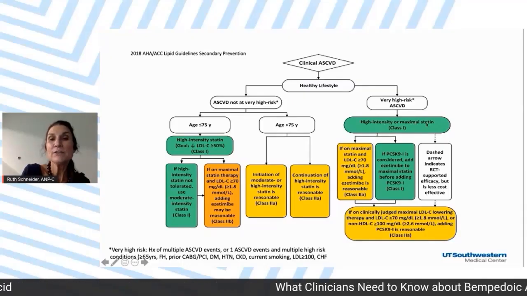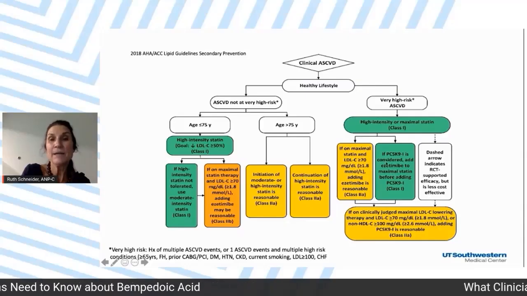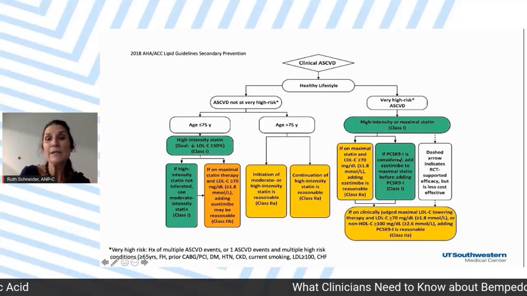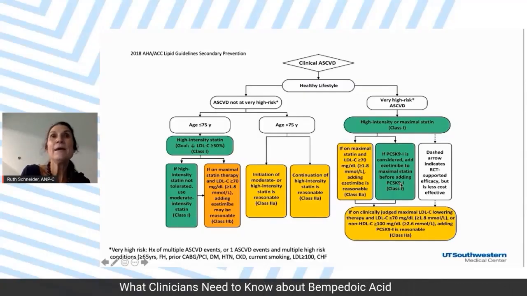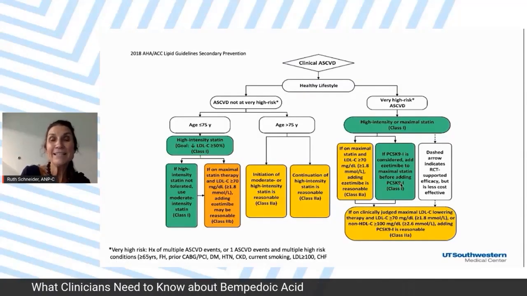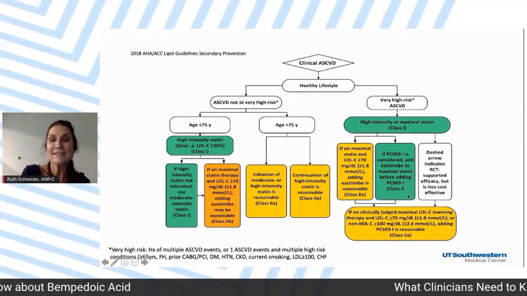Again, they're going to start with a high-intensity or maximally tolerated statin therapy, then typically ezetimibe is recommended. Again, depending on the LDL lowering that is required, we may recommend bempedoic acid in place of ezetimibe or in place of PCSK9.